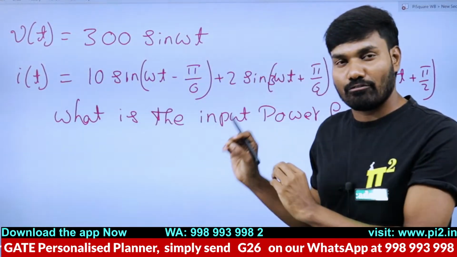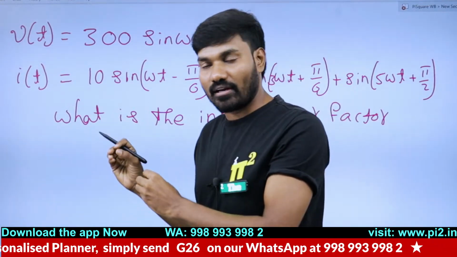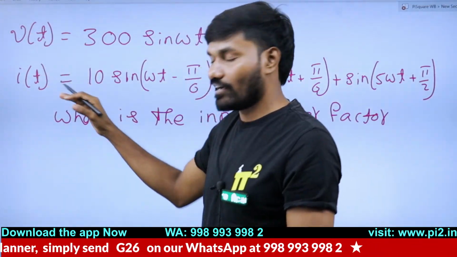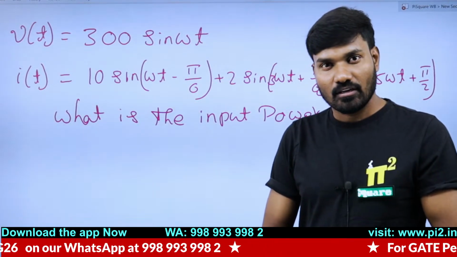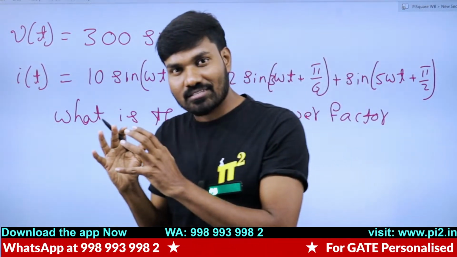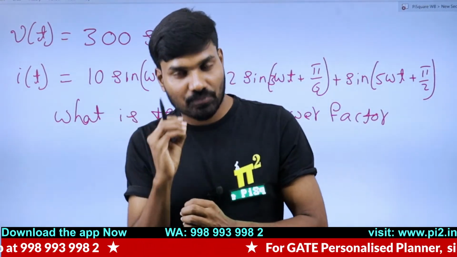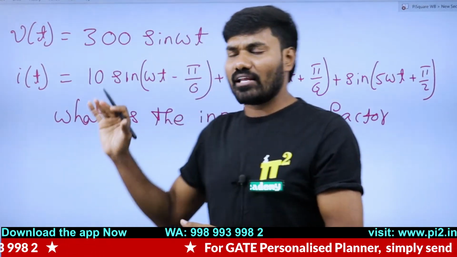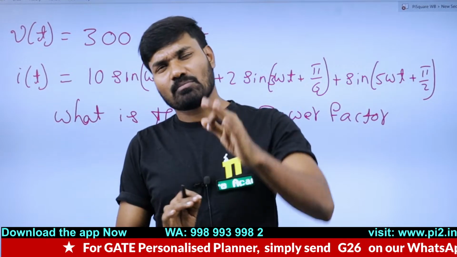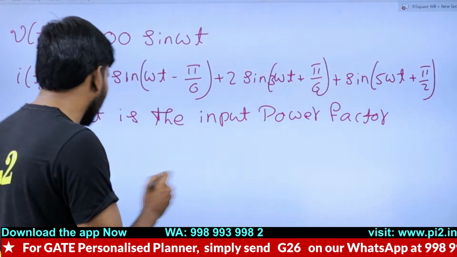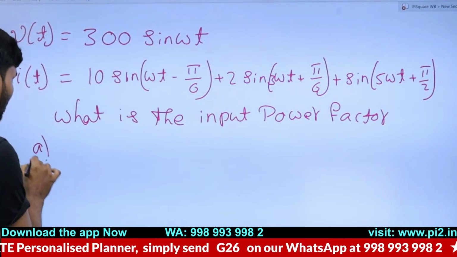If you follow in Pi Square, I discussed how to handle these kinds of questions on power factor calculation. If you follow that Pi Square style, Pi Square tips, it will be very easy to answer this question in maybe just 10 to 20 seconds, max 20 seconds, because options were given for the question.